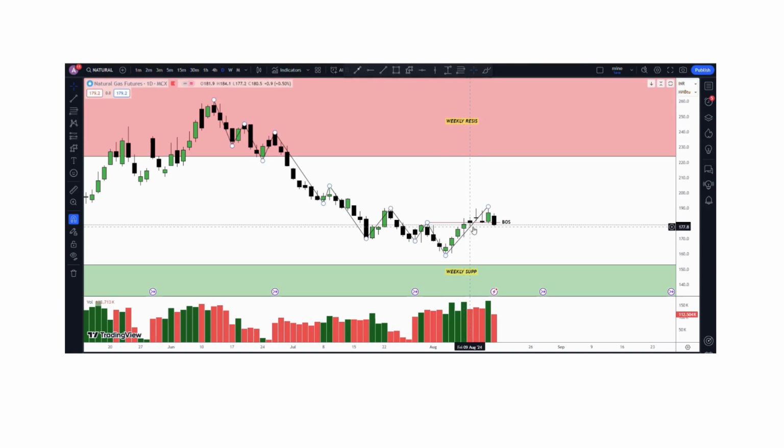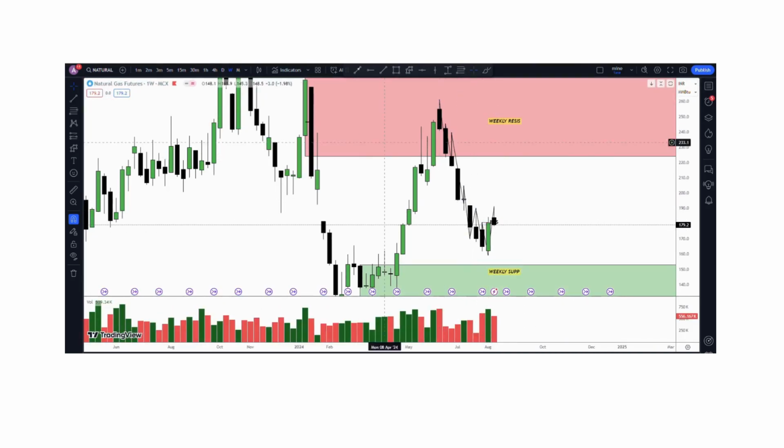Now, this doesn't mean that this particular counter is going to move up from here. It's trying to break the structure over here, but I still feel the trend is down because on the weekly basis also, as we saw earlier, the trend is downwards.